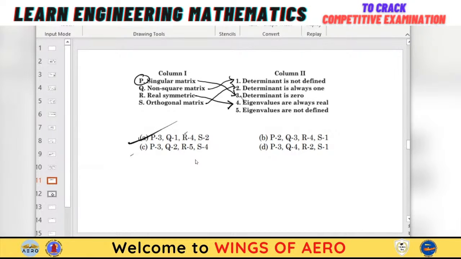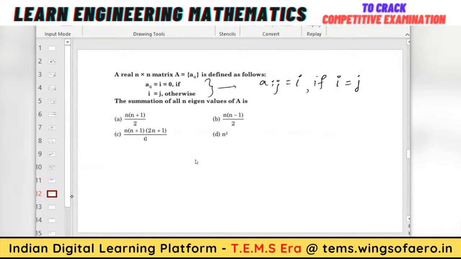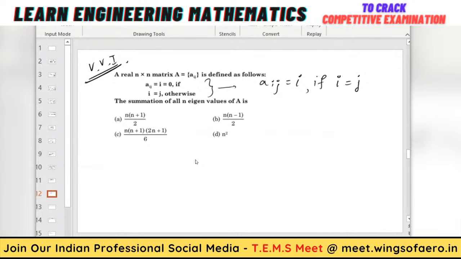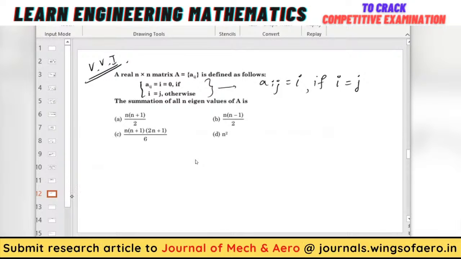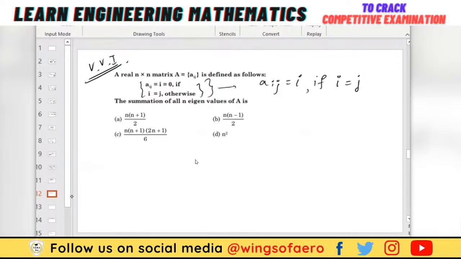Okay. Next, a very important question. There is a small mistake in this question, that is why I am rewriting the question here. A matrix is given, an n cross n matrix, a square matrix.